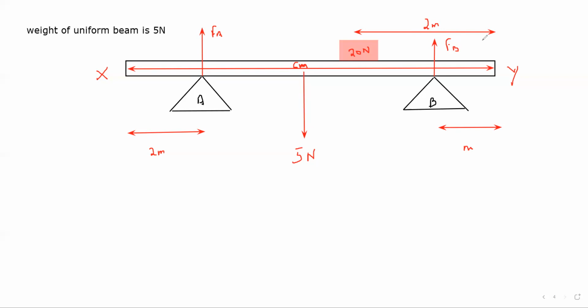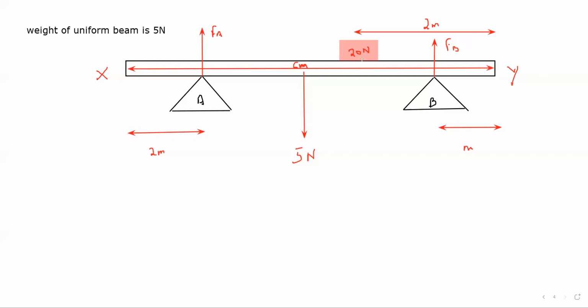First, what you will do, it's up to you. You can consider one of them as a fixed pivot or the point of rotation, and for the other one you will consider that the force can cause a rotation. You can solve by considering A as a fixed pivot, or you can consider B as a fixed pivot.